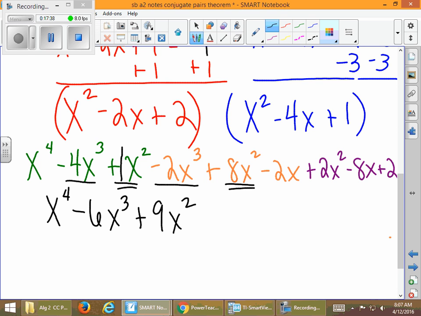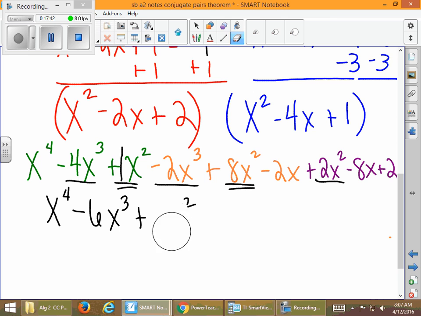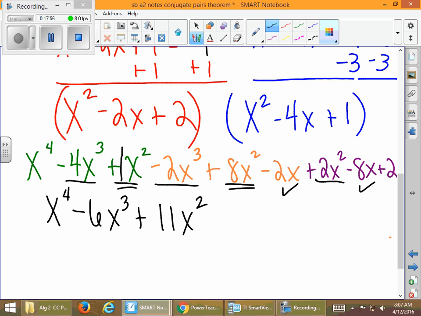And what did I forget? I forgot my 2x squared, so let's try that again. So we have 1x squared plus 8x squared is 9x squared, plus 2 is 11x squared. Then we have negative 2x minus 8x, which is negative 10x, and then plus 2.